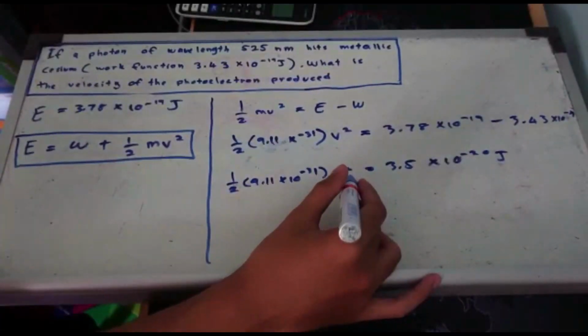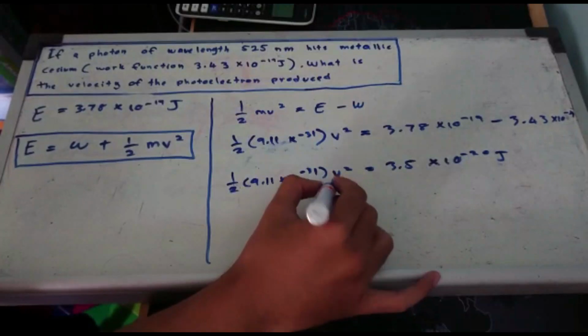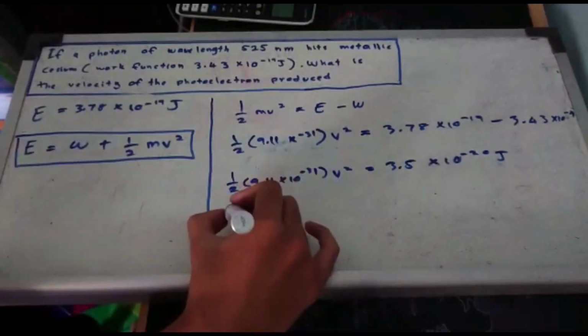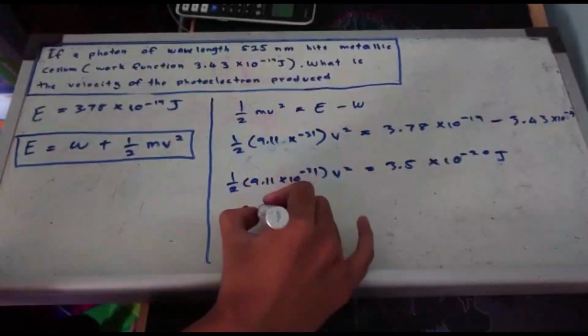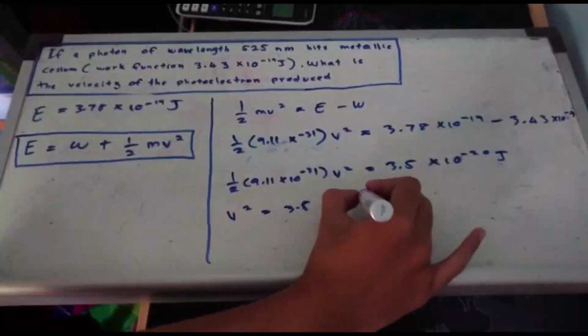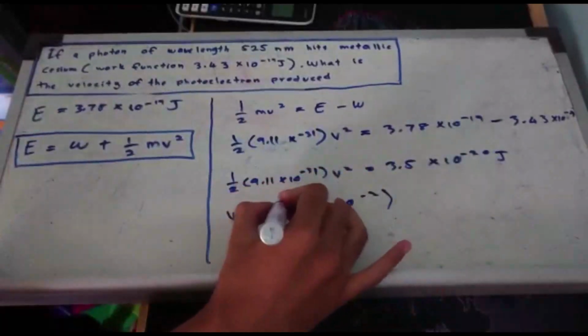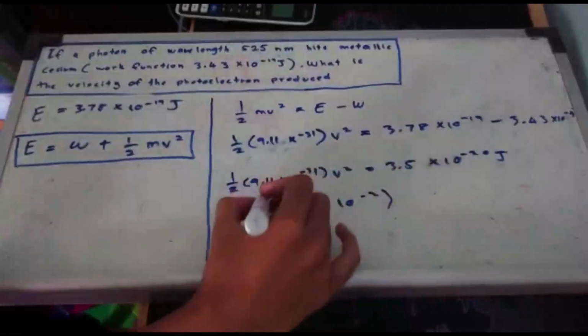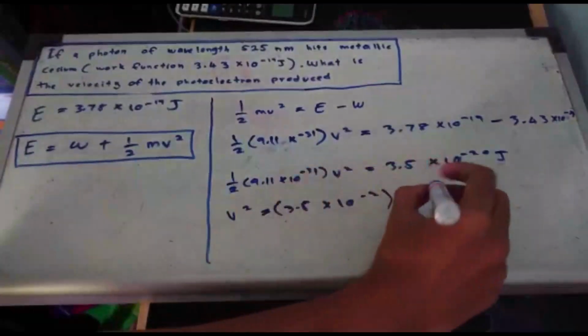So we just rearrange the equation into v squared equal to 3.5 exponent negative 20. Here it is divided by 2, so we bring that to the other side.